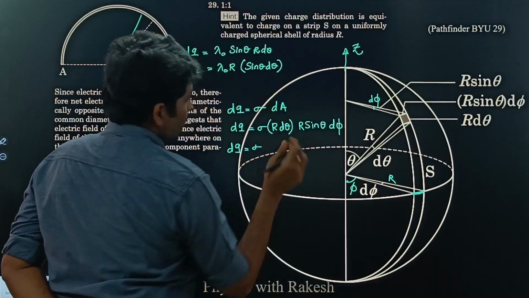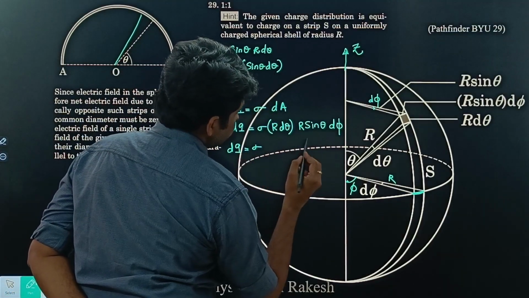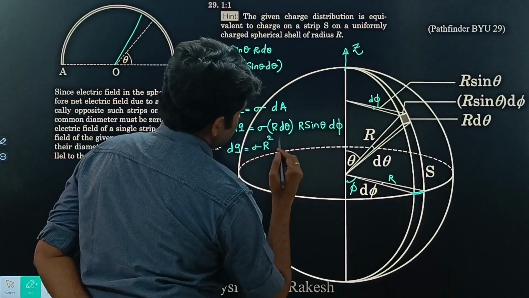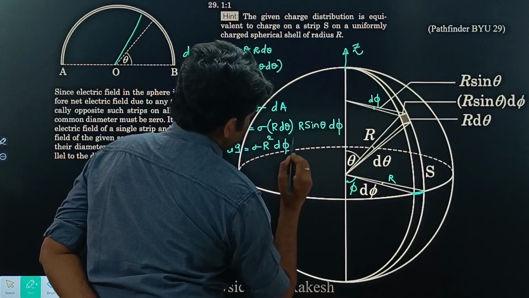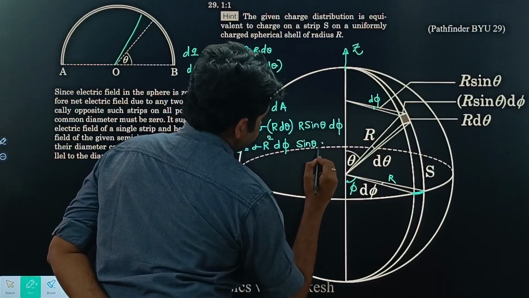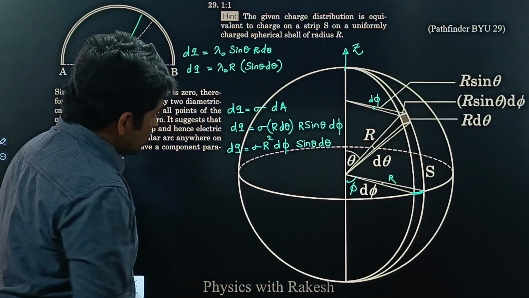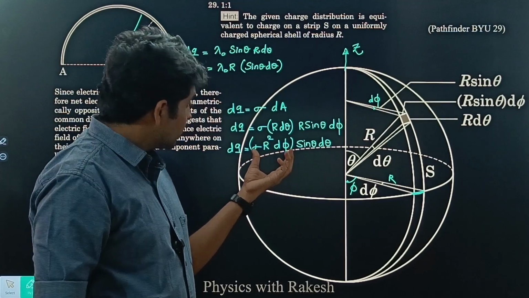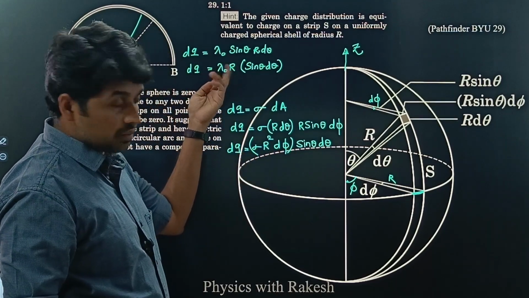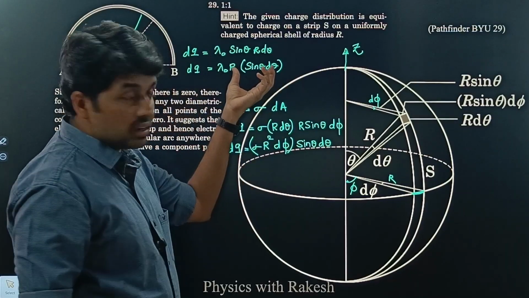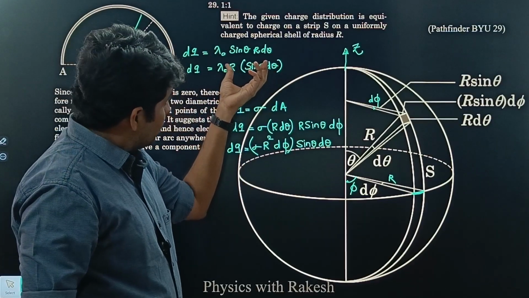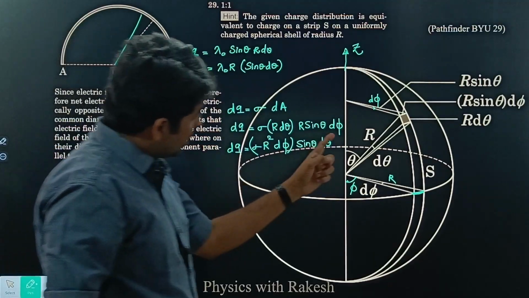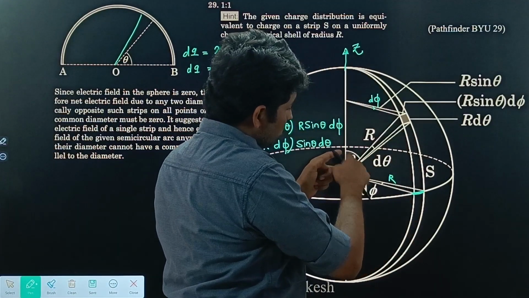Okay, and see here also sigma r square d phi into sine theta d theta. You see this whole term sigma r square d phi which is there here, this is some constant. You can think of this as lambda naught r here. You see sine theta d theta. Here the total charge will come if you are integrating theta from 0 to 180. Here also the total thing will be covered if you are integrating from 0 to 180.